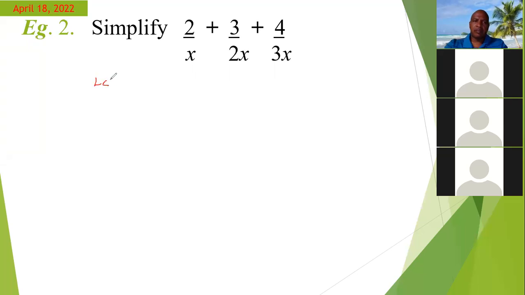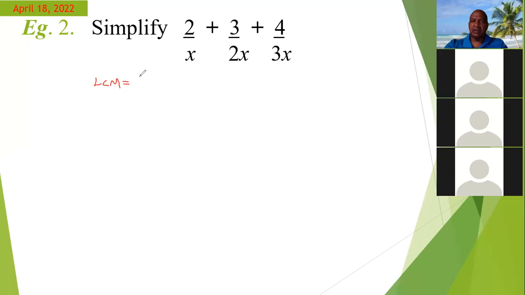6x, sir. And why do you use 6x? Because you'd need a common multiple for the x as well. All right, so basically you find the LCM for the numbers and group it with the letter to give you the overall LCM.